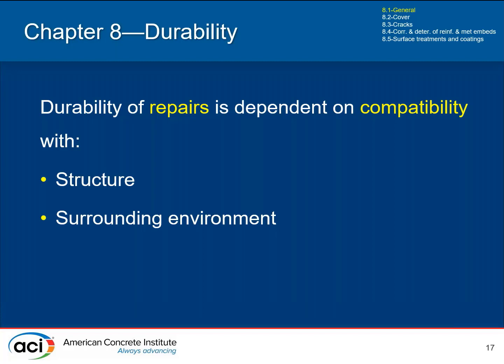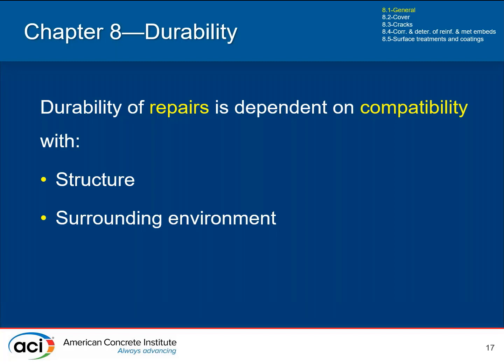But what's kind of unique to durability for repairs is that you really almost have these two portions of the structure that have a very different history, very different properties, and they need to work together. So if you don't have compatibility, you don't have anything as far as durability is concerned. It's important from a structural viewpoint, but it's also very important from a durability viewpoint.